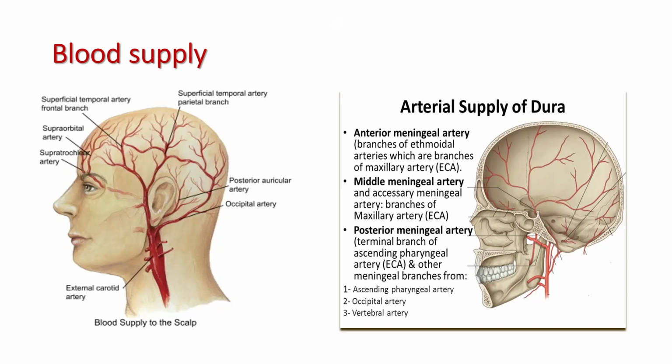Then the blood supply for the dura is also mainly derived from the external carotid artery. So we have the anterior branch of the meningeal artery, which comes from the ethmoidal arteries, which are branches of the maxillary artery.